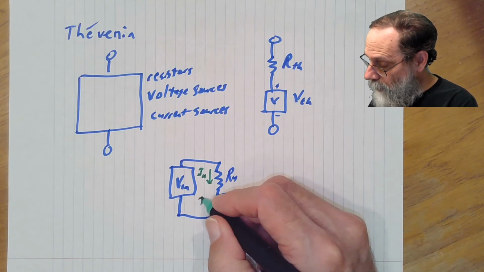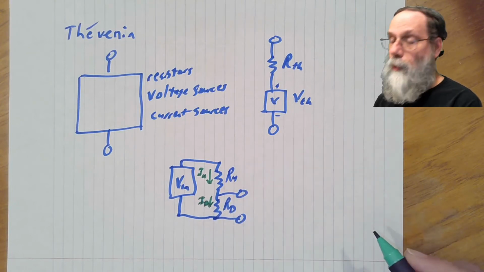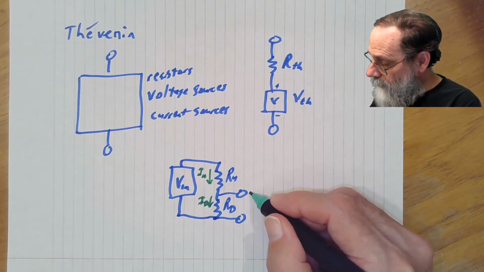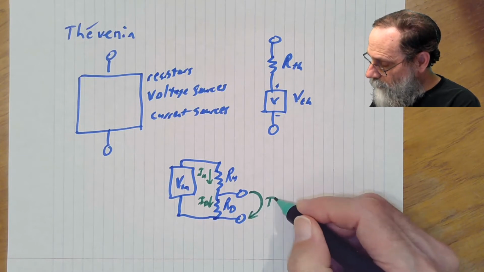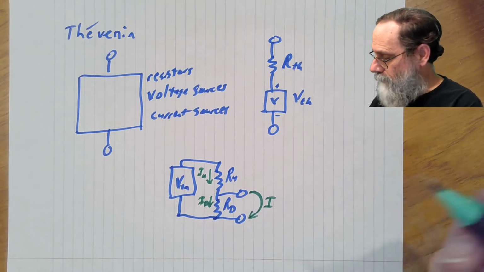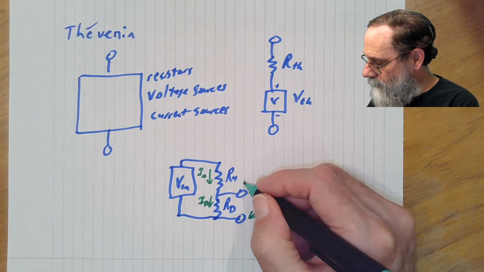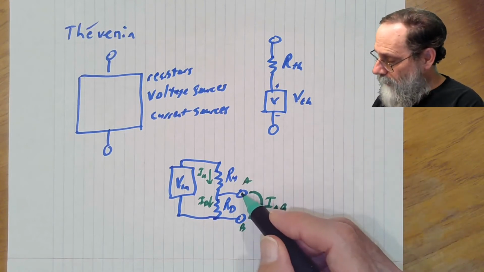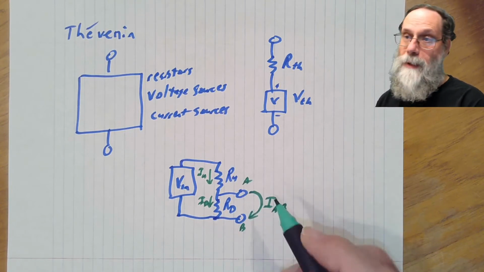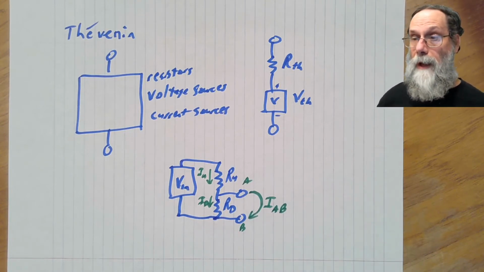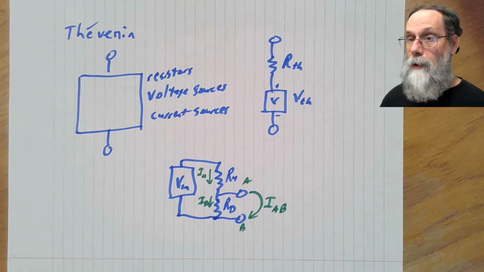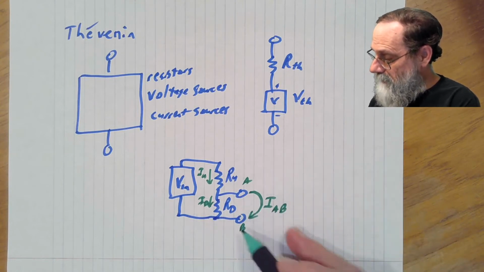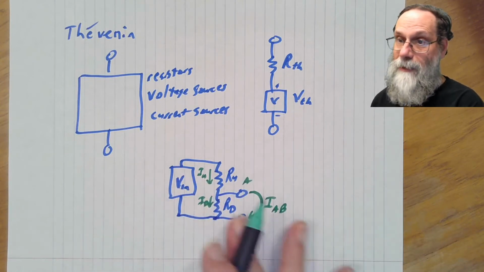I'll have one called ID, which is the current that goes through the Rd resistor, and I'll have another one, let's just call this A and this B, so this is IAB, the current from port A to port B in whatever external things we have connected to this. And what we want to know is, what is the relationship between IAB and the rest of this?